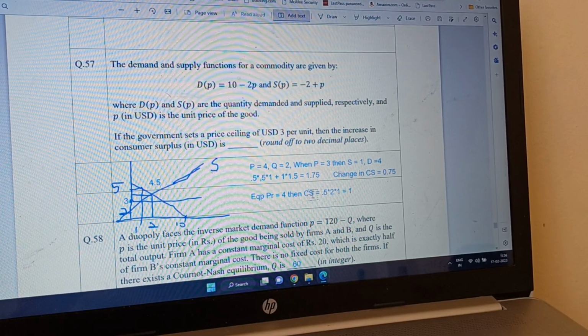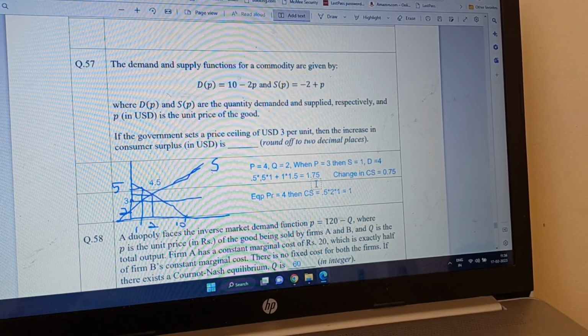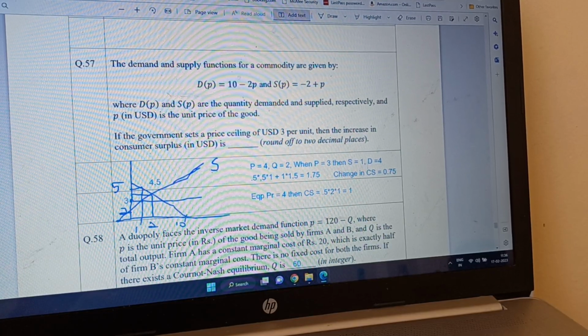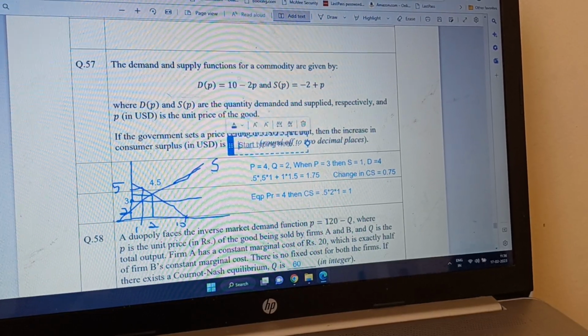Earlier the consumer surplus was 1 and now it is 1.75. Hence the change in consumer surplus is 0.75. So that is what I will write.